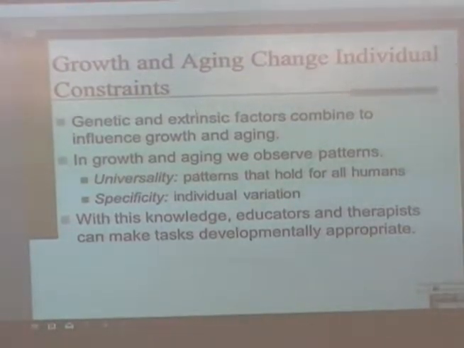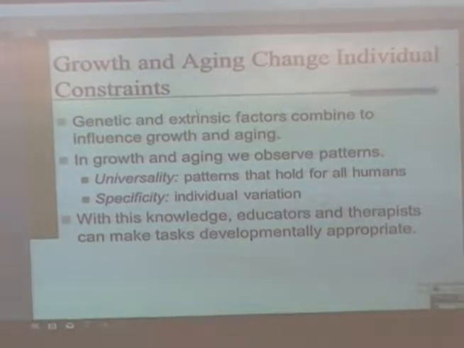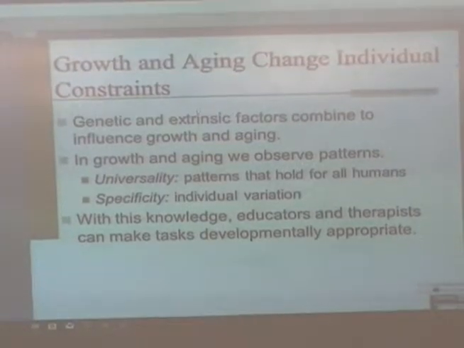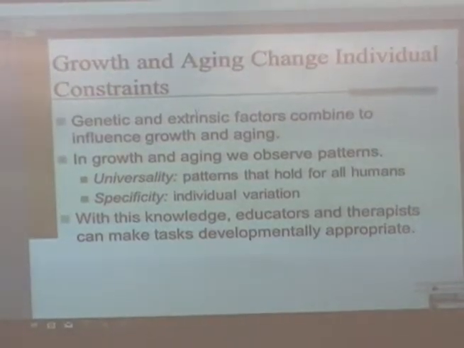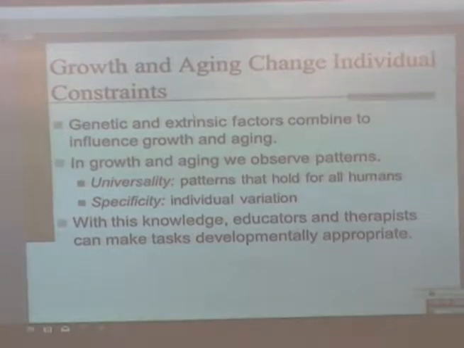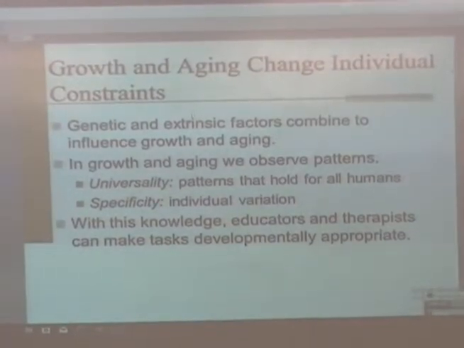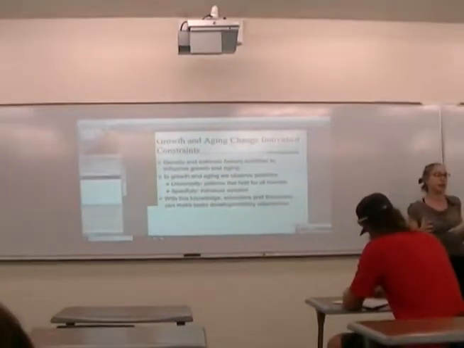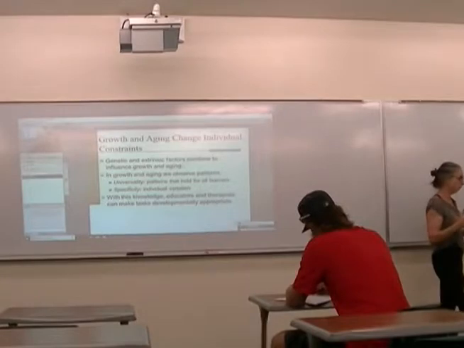So everything is developing very, very rapidly. That puts it at a little bit of risk, as we'll see. We have both genetic and extrinsic environmental variables that influence growth and aging in this time period.